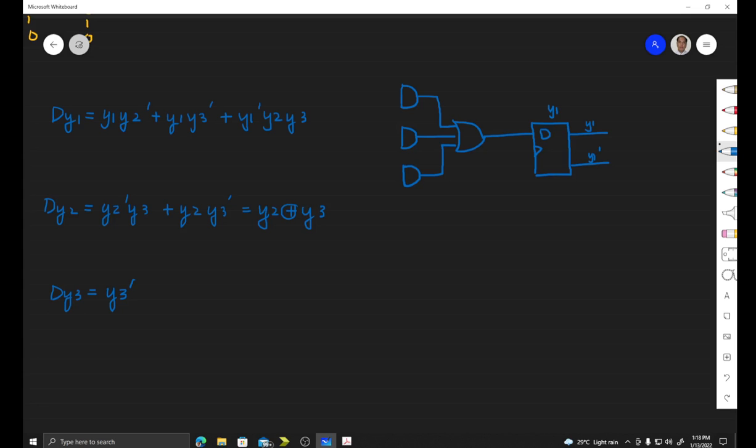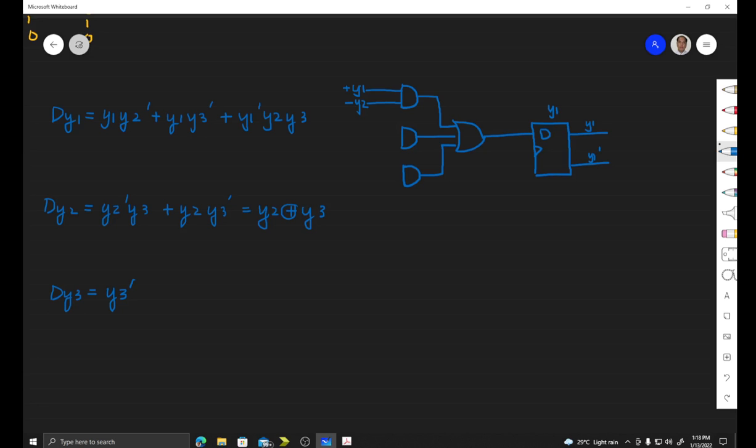So first we have here y1 and y2 prime. So I will write here negative y2. This is positive y1, so this means this is inverted.